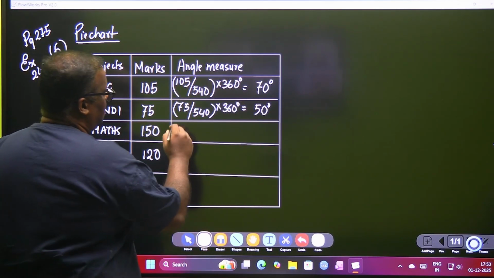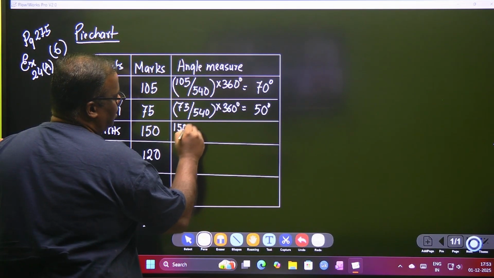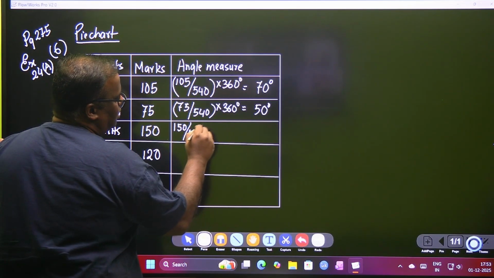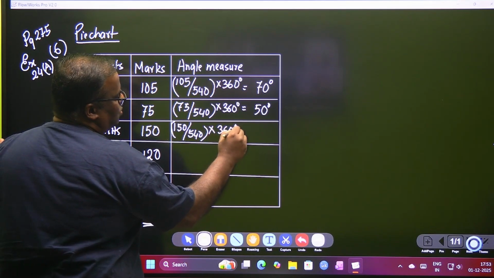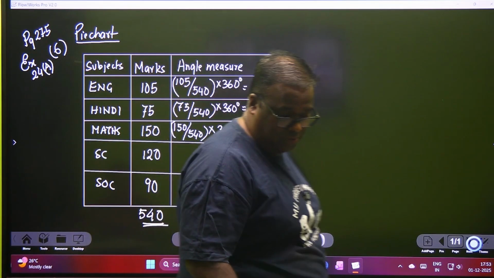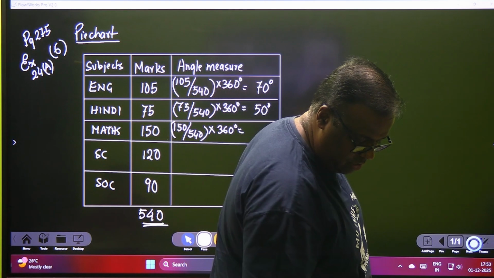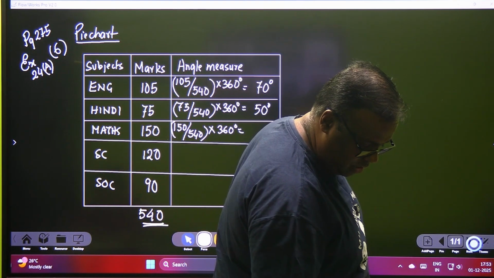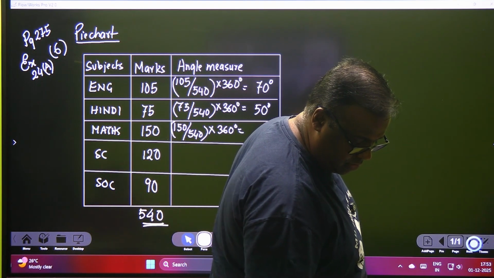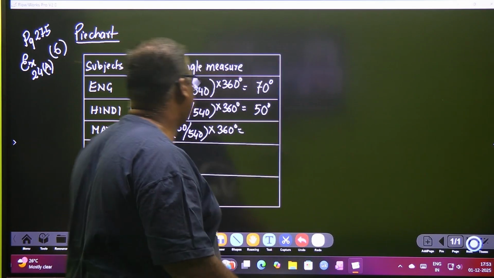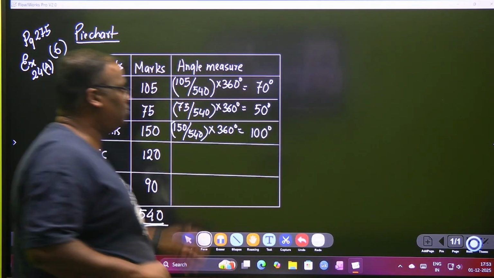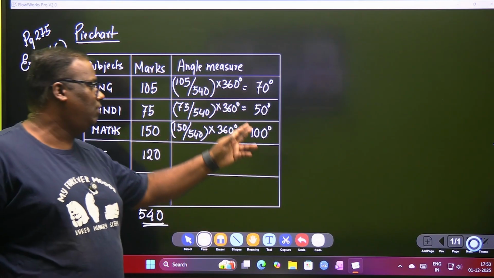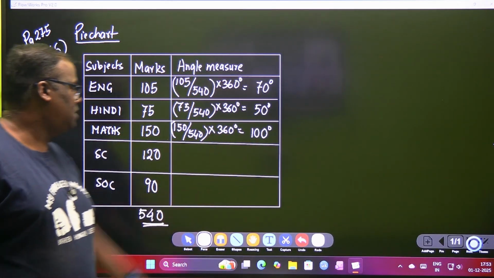Okay, next. 150 divided by 540 multiplied by 360. I'm using the calculator so that we quickly finish it because we have to do some histograms also today. This is 99.999, so it is roughly 100 degrees. We're going 0.11 more, so we will adjust it in the last one.